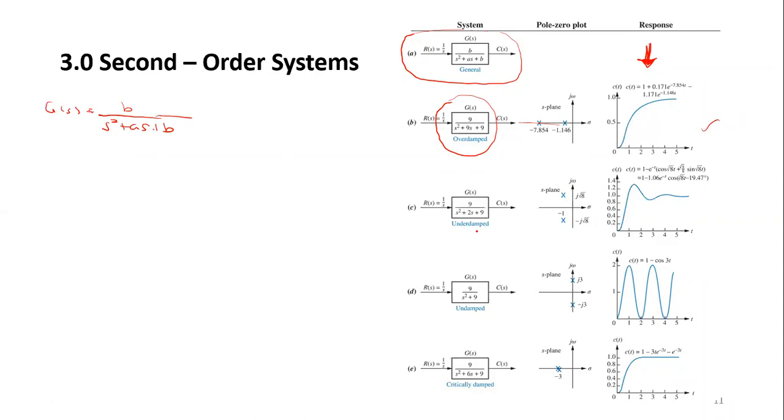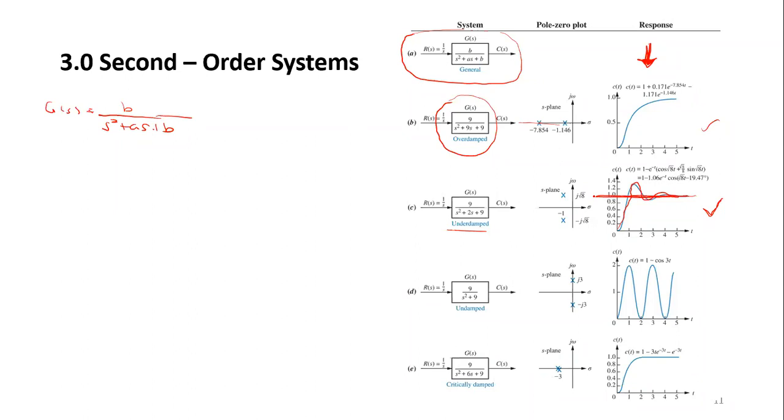The next one is underdamped. This is the underdamped output response. If you remember the antenna position control system that I discussed with you in the case study, if you want to move the antenna to one desired position, the antenna moves and overshoots first before it reaches the desired position.